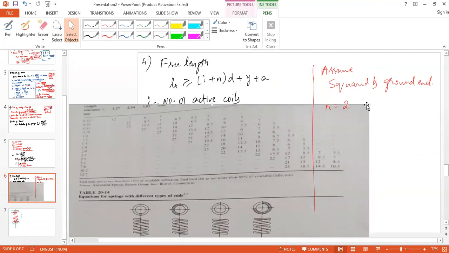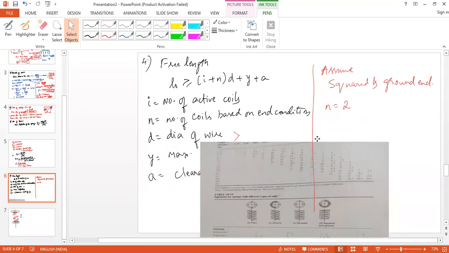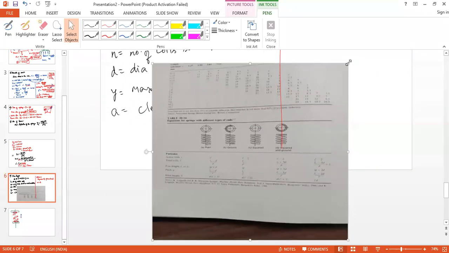Once you know the number of inactive coils N, you can calculate the free length.